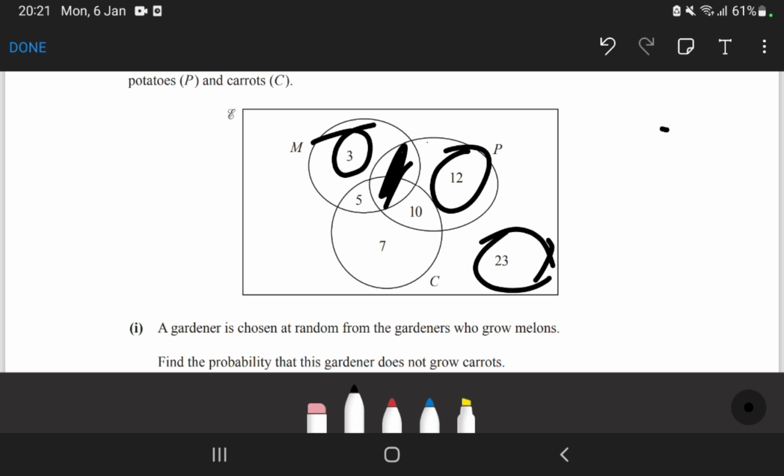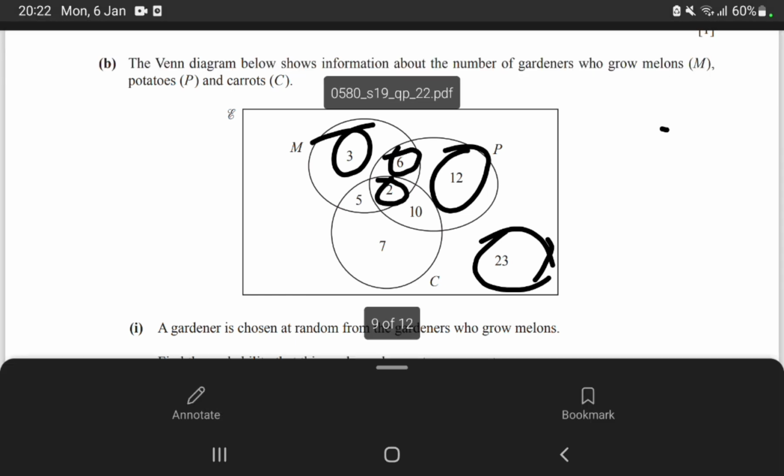So it's going to be 8 plus 3 plus 12 plus 23, which is 46.